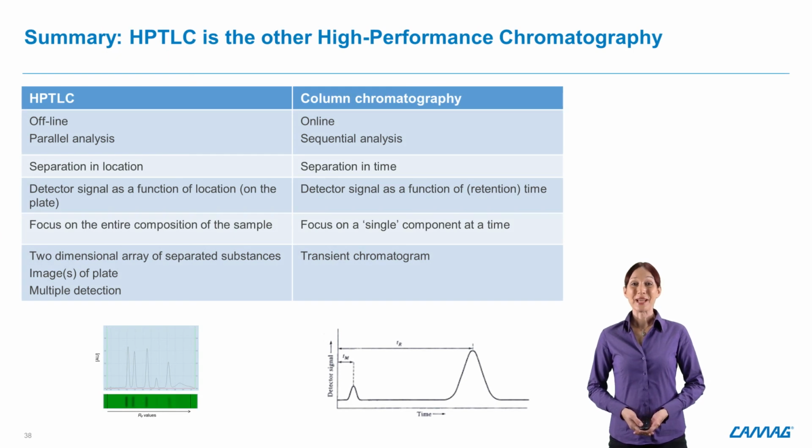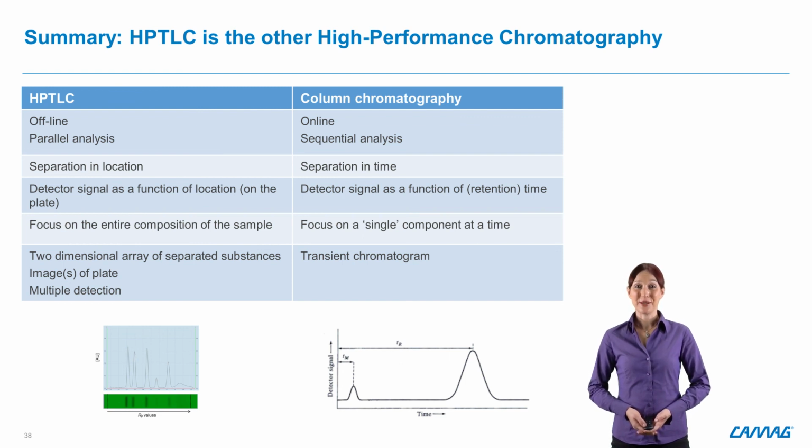I'm running out of time, so let me briefly summarize why HPTLC is the other high-performance chromatography. Because it is absolutely complementary to column chromatography and allows for a rapid parallel analysis of many samples. HPTLC leads to a separation in location instead of time and offers the possibility to analyze the entire composition of a sample.